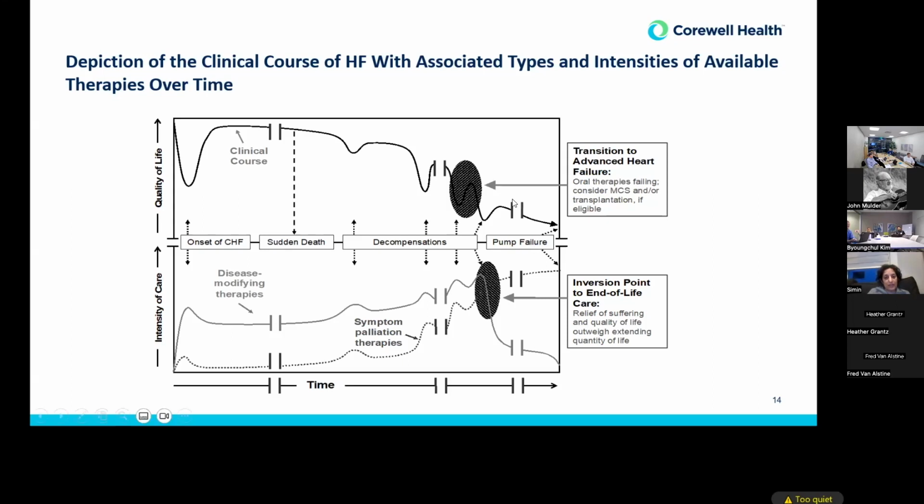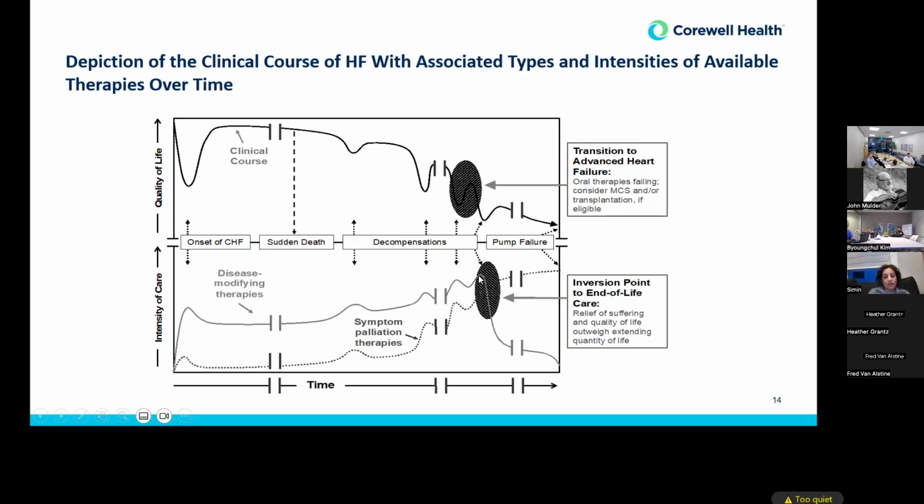Oftentimes, though, that doesn't really impact quality of life, as you can see on this graph on top. And at the time of initiating those advanced therapies, because sometimes the quality of life does not improve, even though maybe their life expectancy does, involvement of palliative care becomes really, really important. And here on the bottom slide, this shows you the intensity of care.